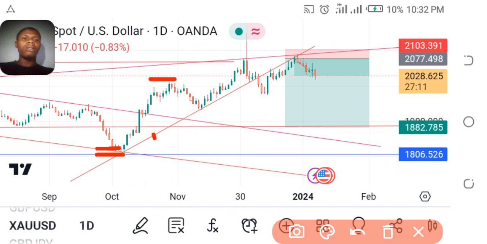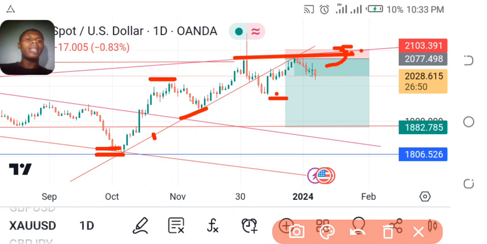So what happened? The market actually retraced back to the trend line after the break. Yeah, it came back to the trend line after the break. Now in this particular area where the trend line is, that is where you're going to be looking for that chart pattern.